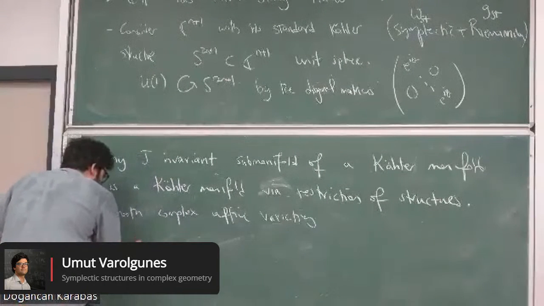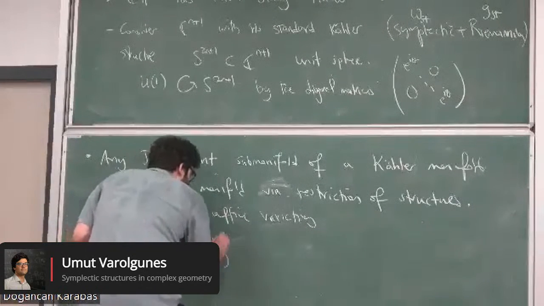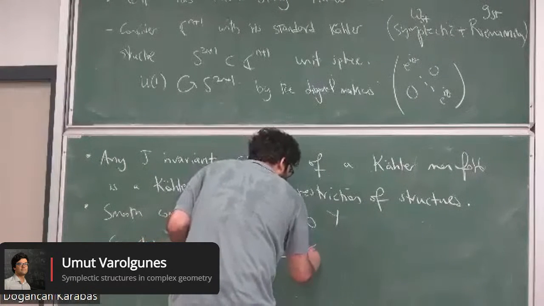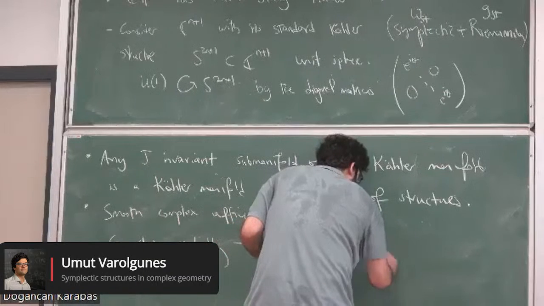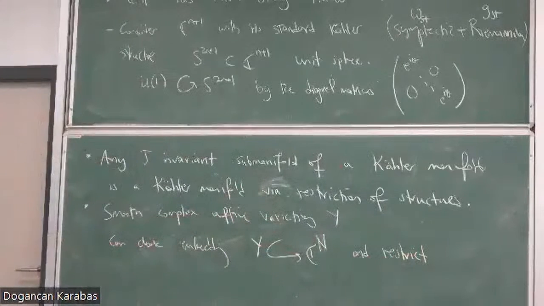Okay, so what we can do is choose an embedding of Y into C^N, let's make it capital, and restrict. And you can make them Kähler manifolds.